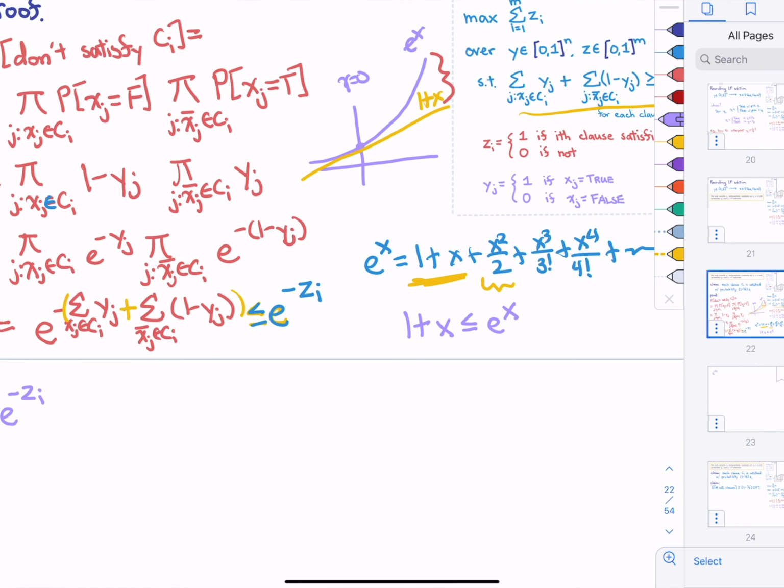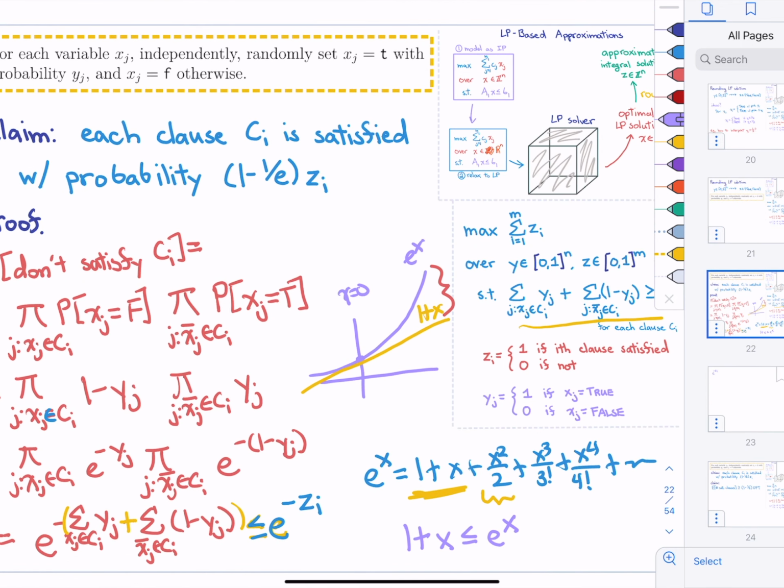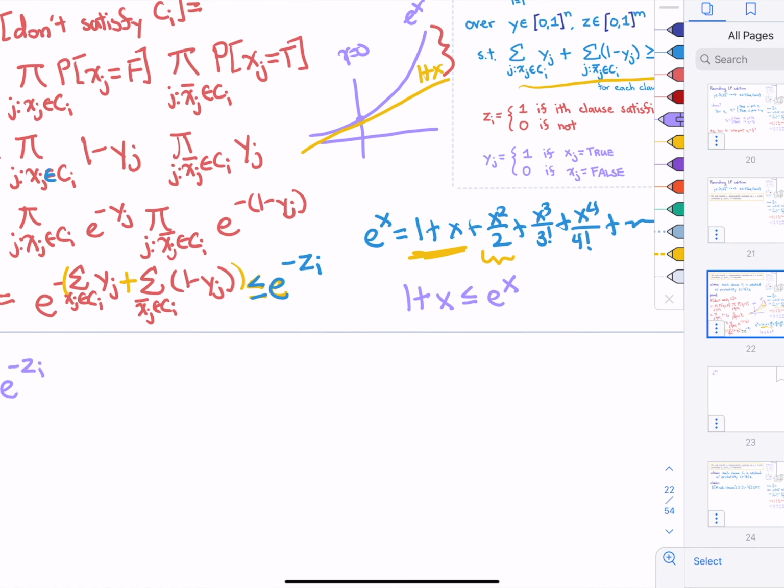The claim is that we want to eventually show that this is at most like 1 minus 1 over e zi or something, because we're looking at the probability that ci is not satisfied, and eventually I want to get the probability that ci is satisfied.